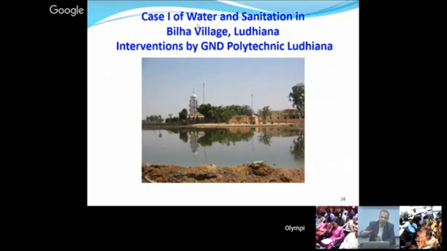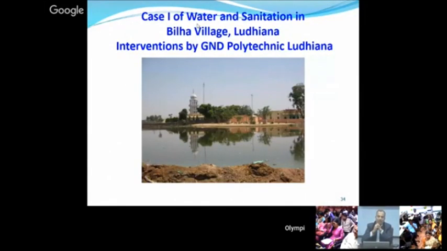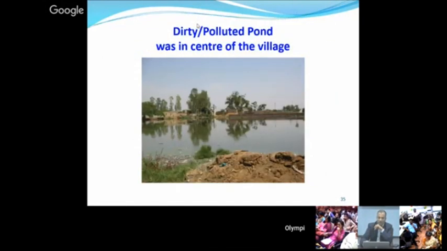All the houses were constructed on the periphery of this pond, and in the middle of the village this pond was situated. You see this picture of the pond from all the angles, with the houses around the periphery and the pond in the mid of the village.